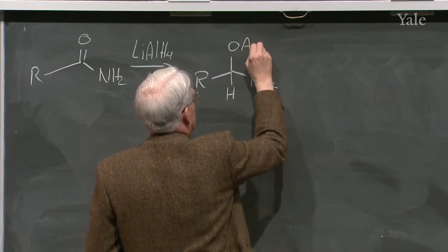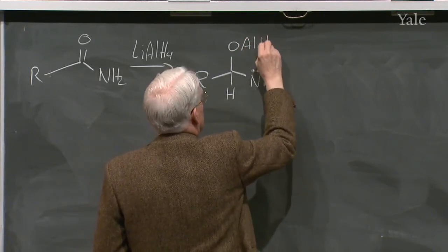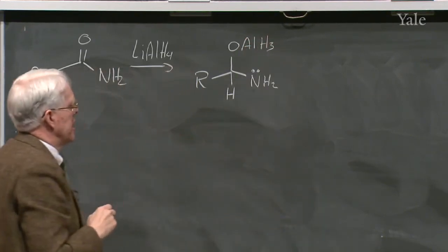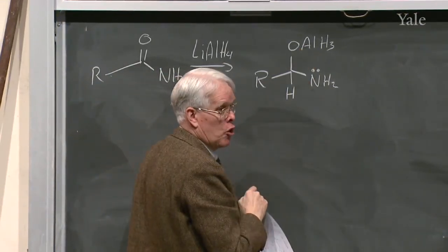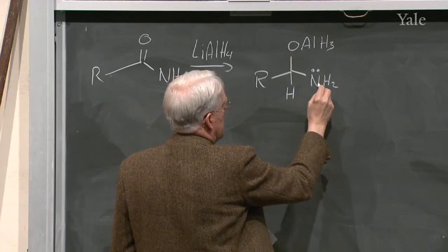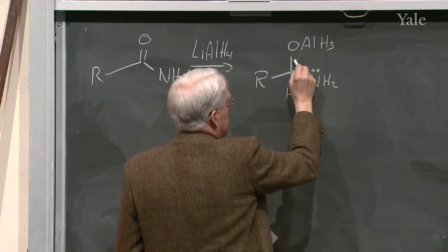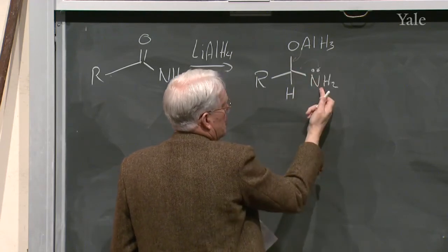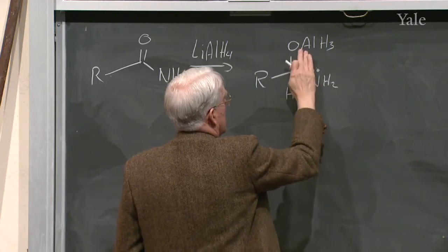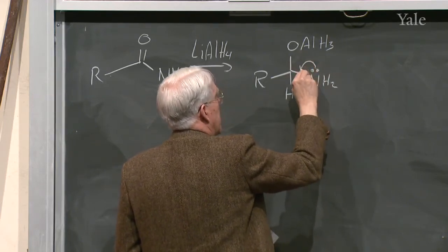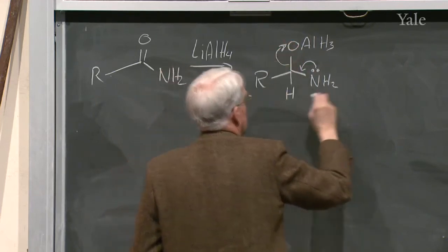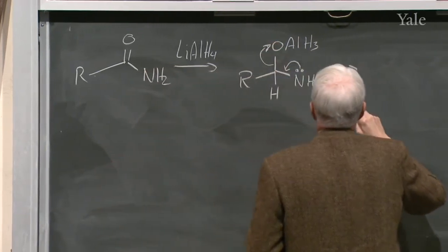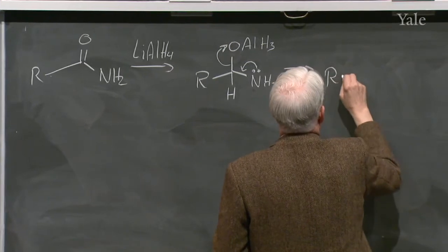because with the aluminum salt here, the aluminum helps make this oxygen a better leaving group than it would otherwise be. So instead of coming like this and losing the nitrogen, what happens is the unshared pair helps you lose the oxygen. So the nitrogen is not lost.